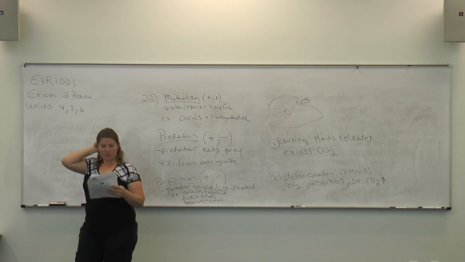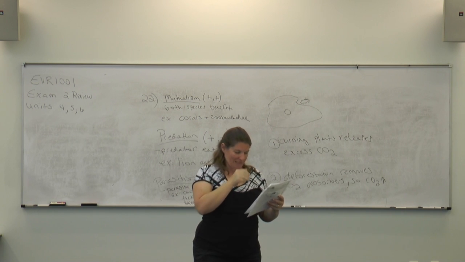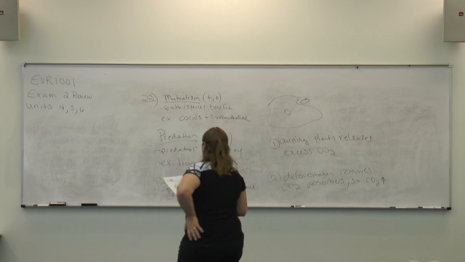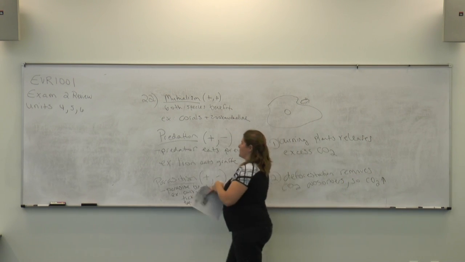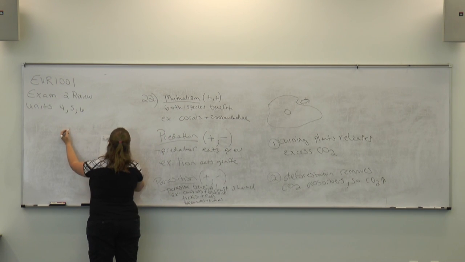So take a look at those arrows there in that diagram. Identify the 3 processes that release carbon dioxide into the atmosphere. What are the 3 processes that are adding CO2 into the atmosphere? Look at the arrows. Combustion.